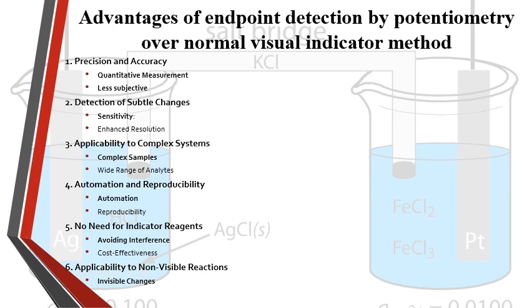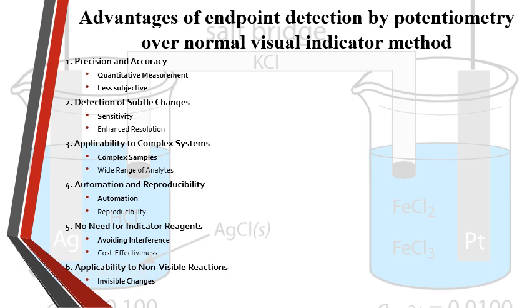Number 6, applicability to reactions with no visible change. For reactions where no visible color change occurs, potentiometry is invaluable as it relies on changes in electrode potential rather than visual changes.